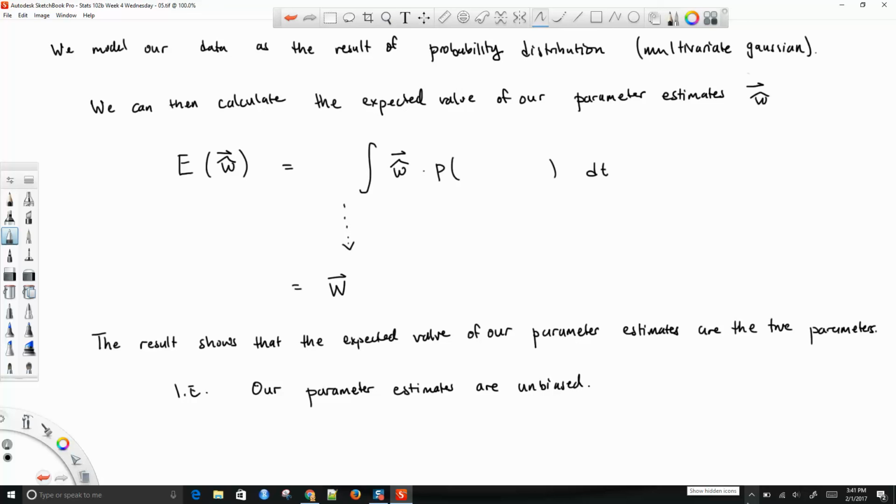Given any random data set, this random data set might give us parameter estimates that are too big or too small, but in the long run, if we had lots and lots of random data sets coming from our population, and we use those to come up with estimates of our parameters, in the long run, our parameter estimates will be centered around the true value of the actual parameters. So any given random data set may be too big or too small, but the expected value is correct.